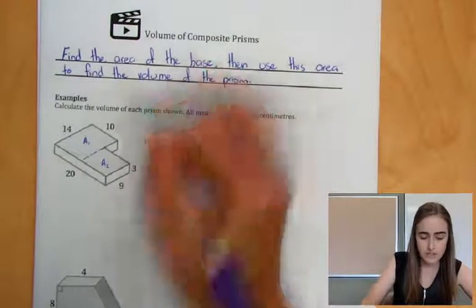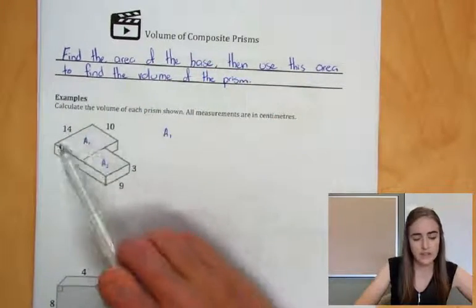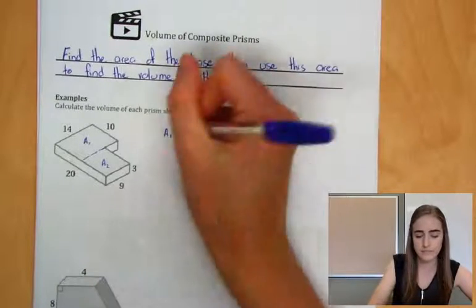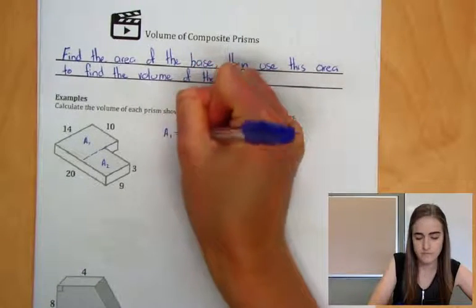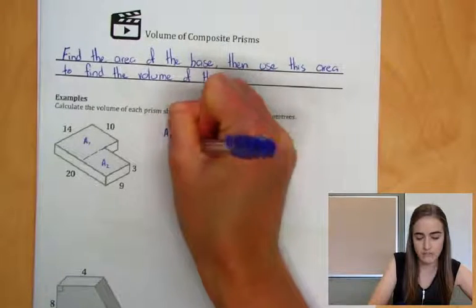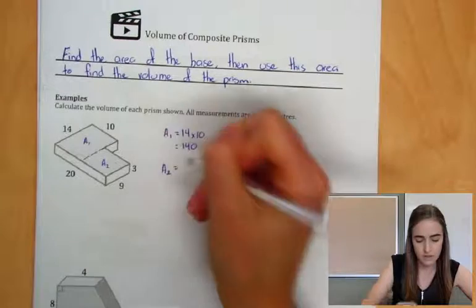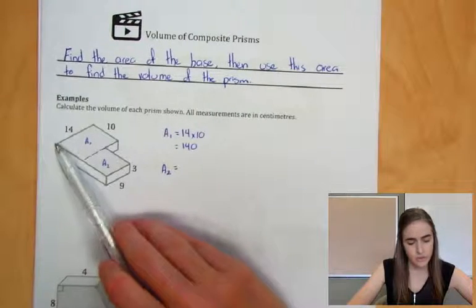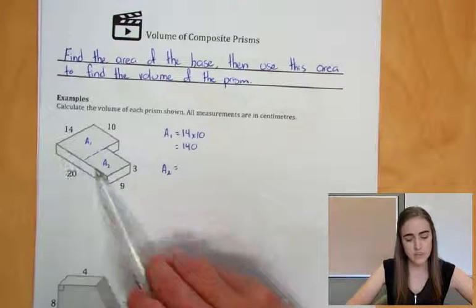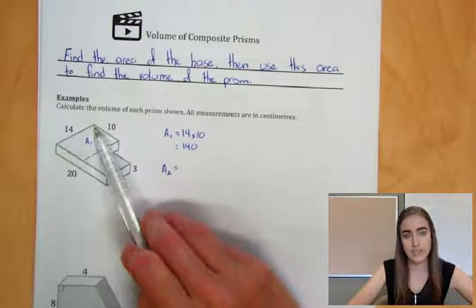So to find this area here, that's going to be 14 by 10. That gives 140. Area 2. Now we know that the whole distance along this edge here is 20, and we know that this bit here is 10.